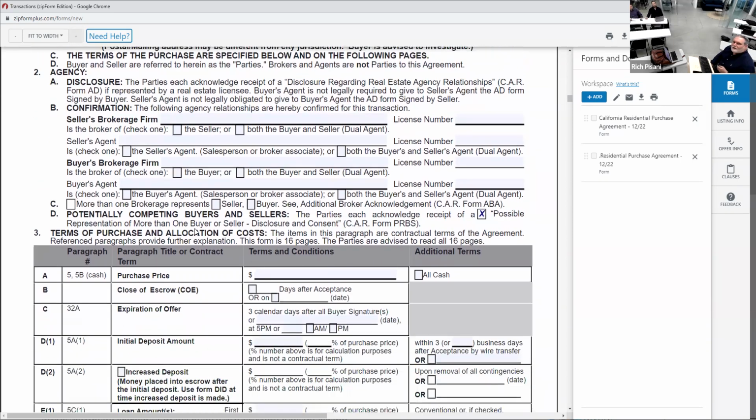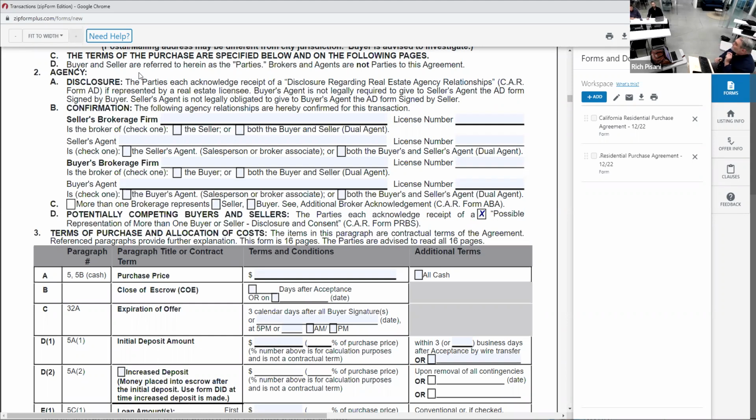The first thing that you need to get out is this thing called agency. The very first form that's bundled with this is called the agency disclosure, and it's a law by statute that you need to have two things by law. You have to disclose to your client what agency is. Like there's a buyer's agent who represents just buyers, or there's a seller's agent that represents just sellers, or there is a dual agent.